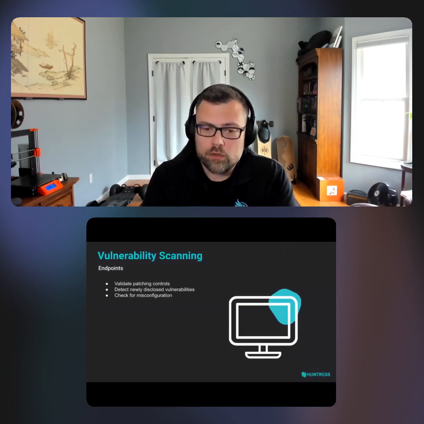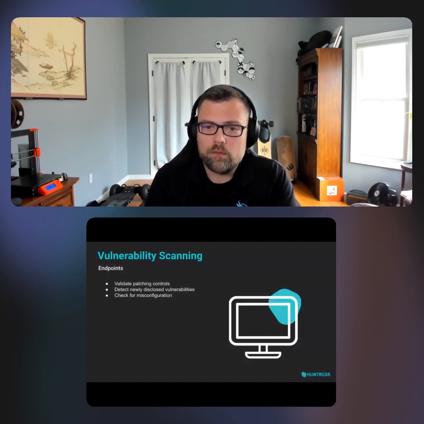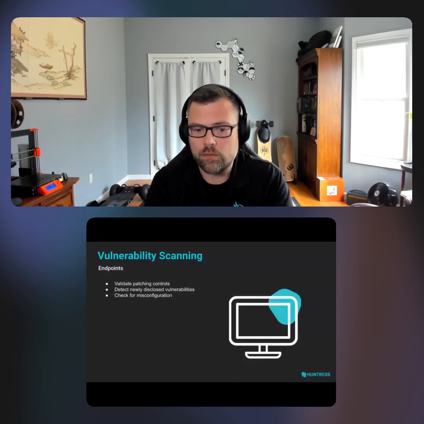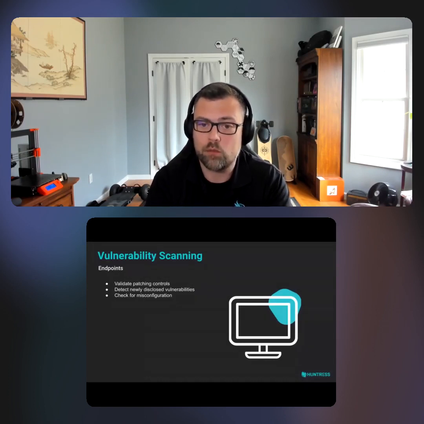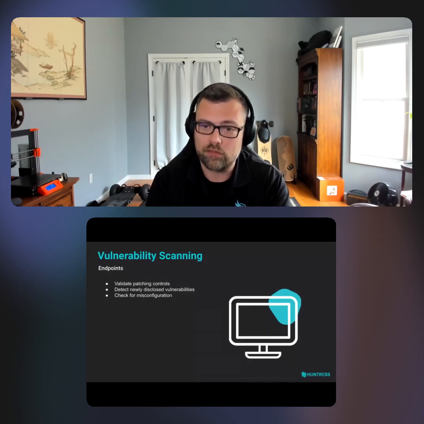When we're doing vulnerability scanning, the idea is not to find out where we need to patch, but rather we're validating that the patch controls are effective and working. You don't want to use your vulnerability scanners to inform where you need to do patching. Your normal patching programs should be taking care of that. We're using the vulnerability scanning to validate that those are effective.